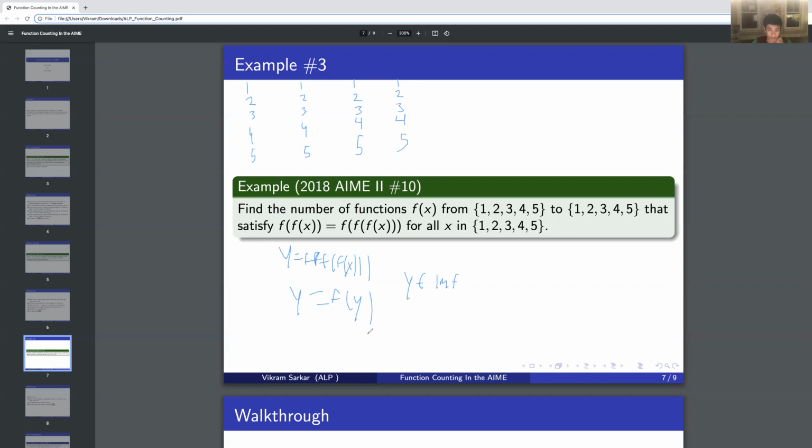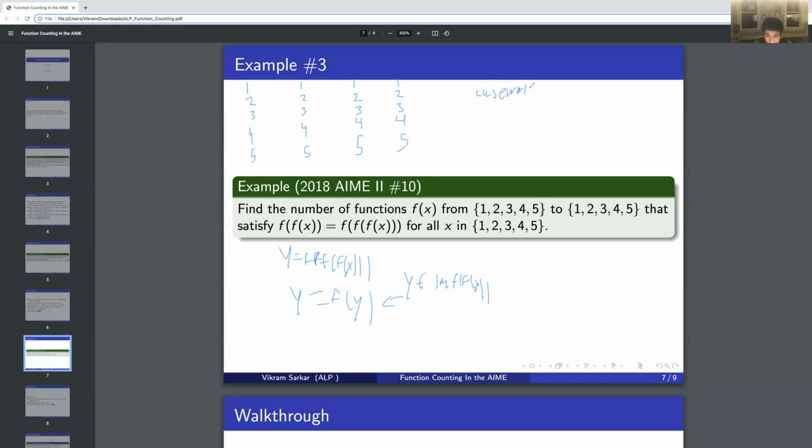So a natural thing to do is casework on the image of f of x. And more importantly, how many elements it has, because it really doesn't matter if it's 1 instead of 4, it's really symmetric. So anyways, casework.